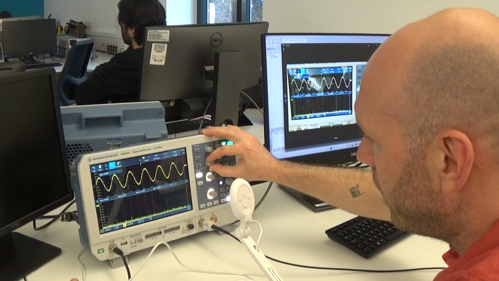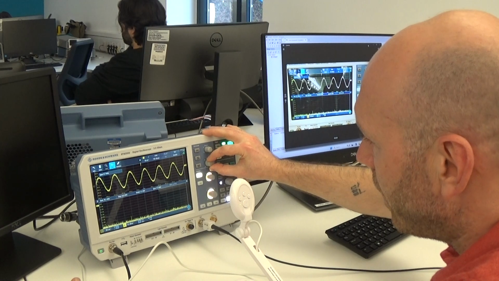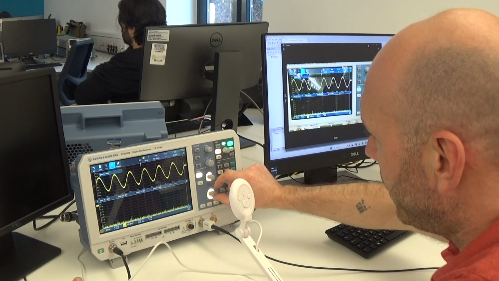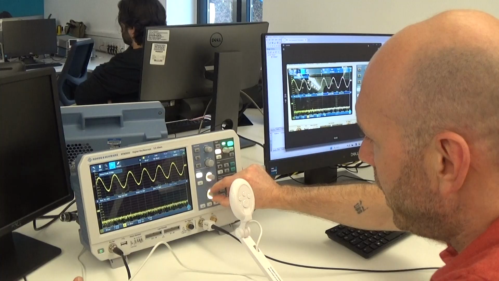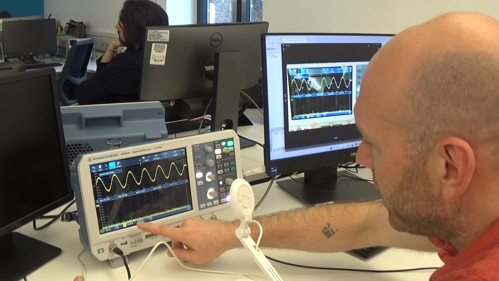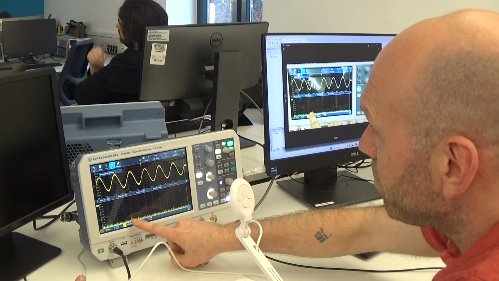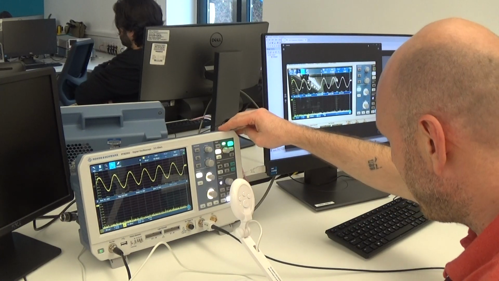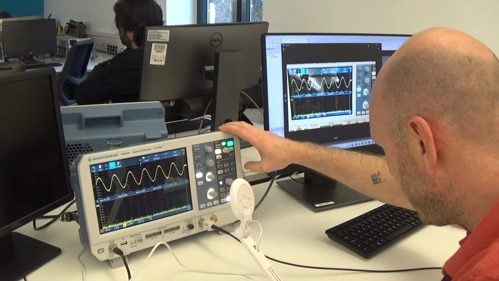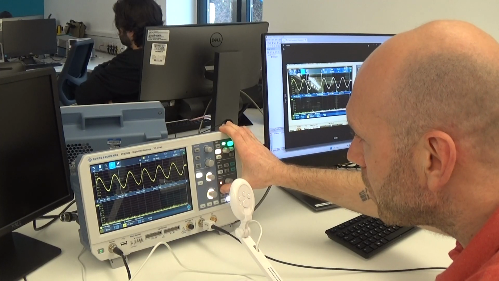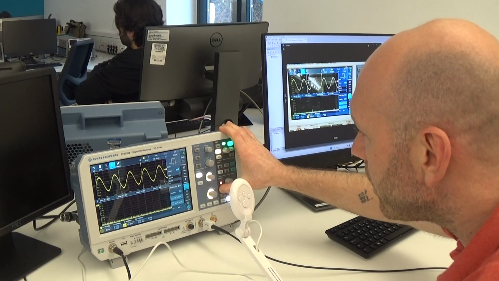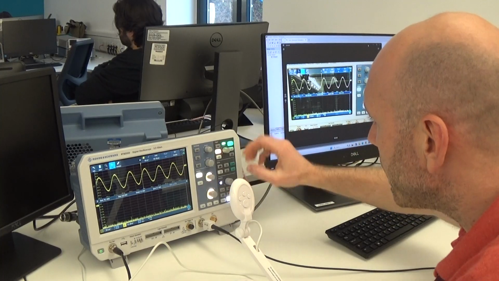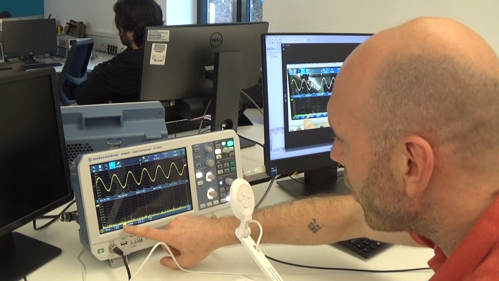Here we go. Okay. Now, if we move our scale up a bit here. Right, so we can see this little signal here that's poking up. If we put a cursor on there, do we have cursors on these Rohde & Schwarz? We should have somewhere. No, we can have a cursor on there. No, again, not the best.